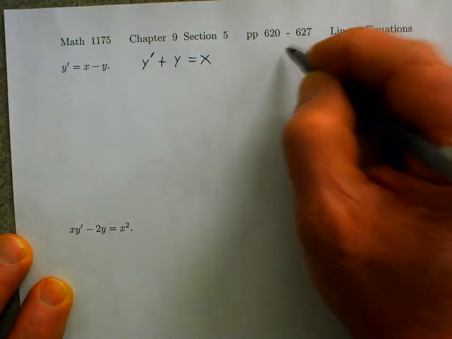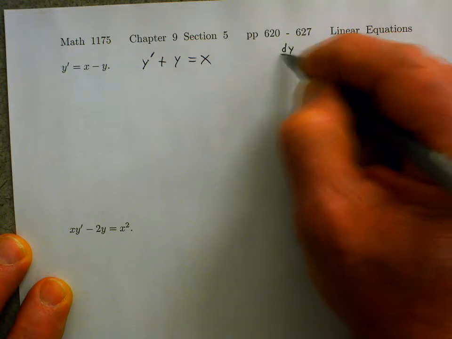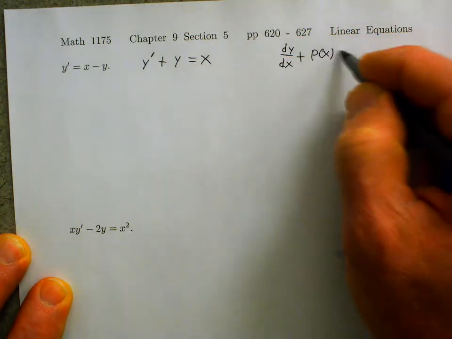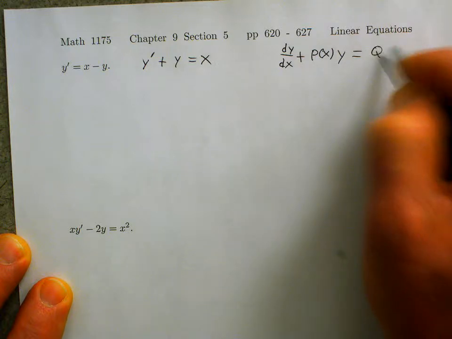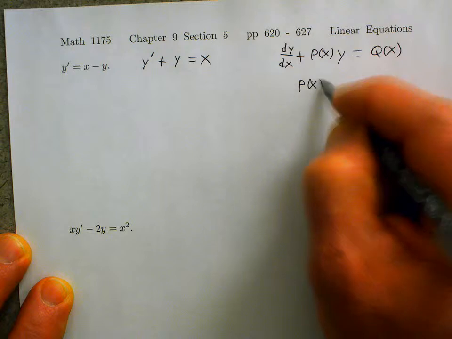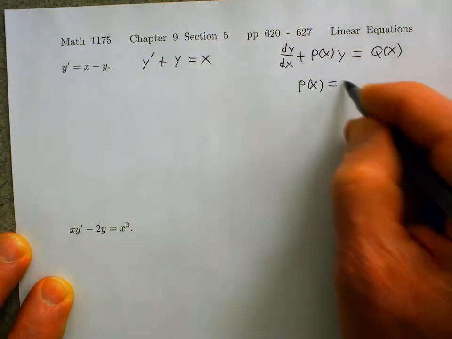Okay, so this now has this form. It has this form dy dx plus p of x y equals q of x. So for this one, p of x is just the constant 1.